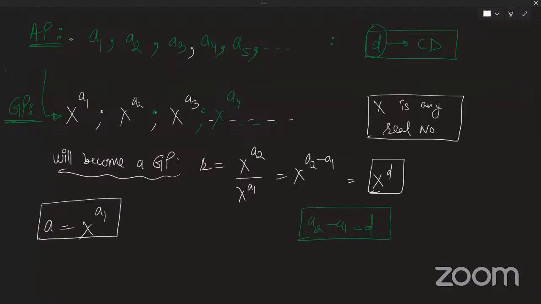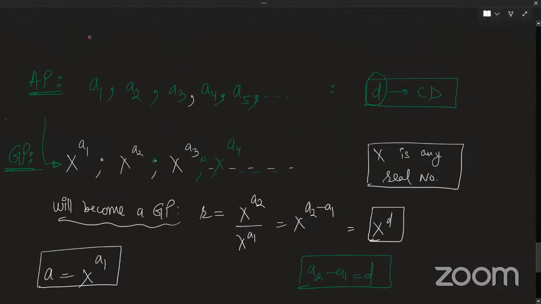So basically, my AP is getting converted into a GP by raising it to a power. Fine, you get it now, right? So similarly, do you know what is the opposite or inverse of raising to an exponent? What is the inverse of raising to an exponent?